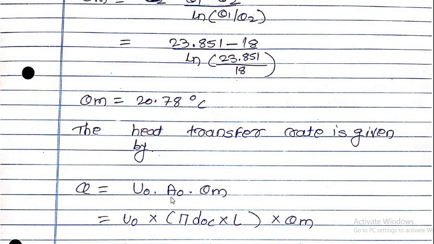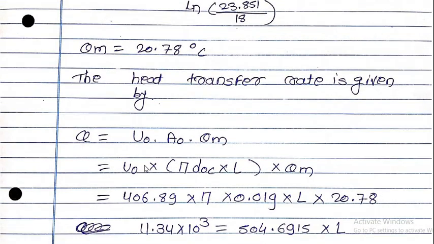So Q is equal to U naught multiplied by A naught multiplied by theta m. A naught is the outer surface area of the copper tube, that is equal to pi multiplied by d multiplied by L, pi dL. So here we have to consider the outer diameter of the copper tube. So U naught multiplied by pi d naught C multiplied by L multiplied by theta m.